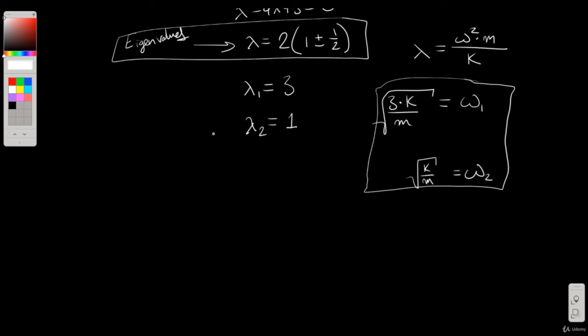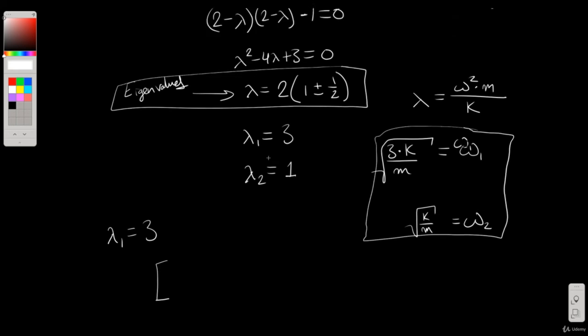And of course, if we want to solve for the actual corresponding eigenvectors, if we start with lambda 1, where lambda is equal to 3, we know how to do this, right? We can simply substitute this lambda 3 into this equation up here.